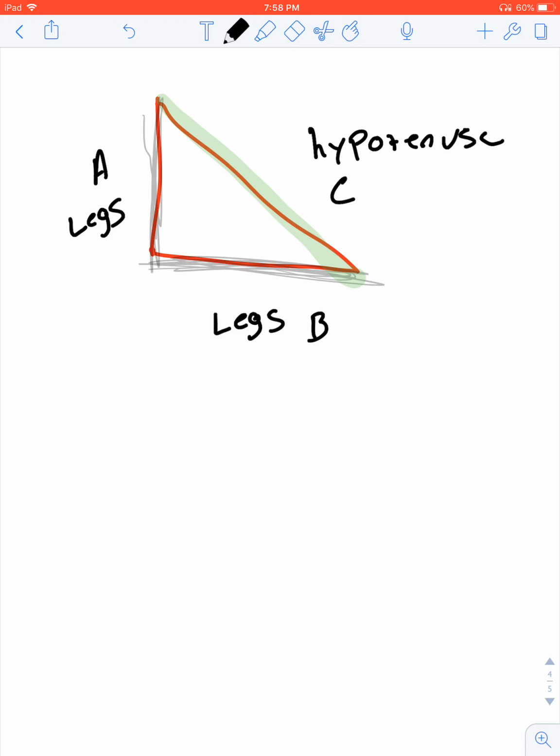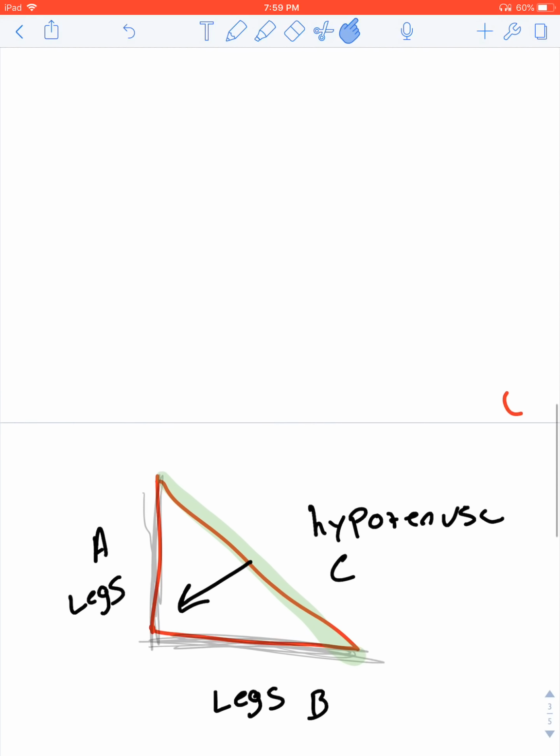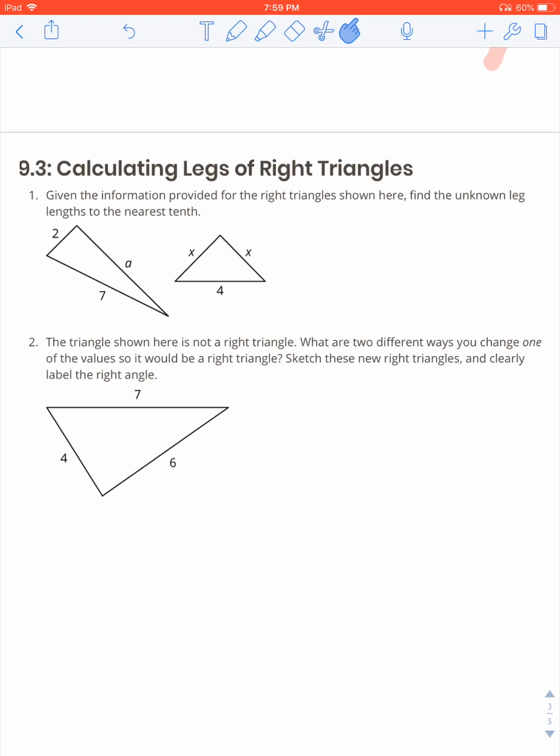The angle that is opposite of the hypotenuse tends to tell us what type of triangle it's going to be, but we'll get into that later. The reason I wanted to point this out is that you're going to need it for our next activity. On page 57, we're given information that these are right triangles.